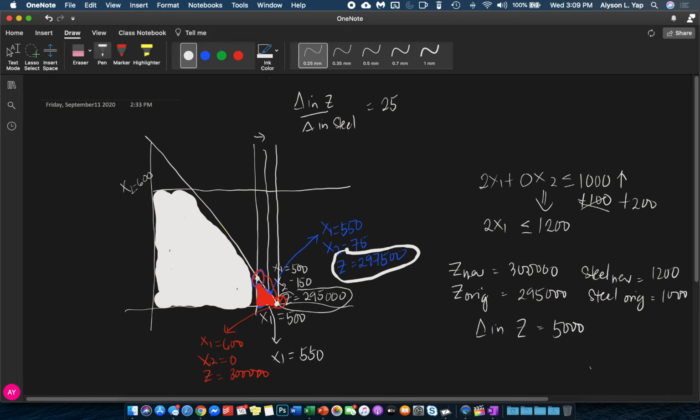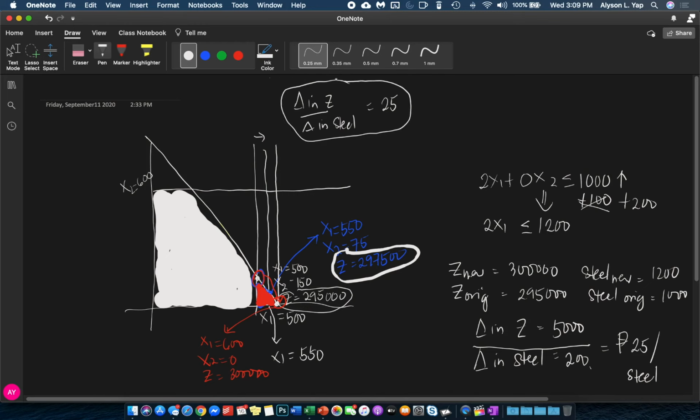Why 5,000? Because that's 300,000 minus 295,000. A change in steel is equal to 200. And therefore, if you get the ratio, you still get a ratio of 25 pesos per unit of steel, which supports our ratio that we got a while ago.